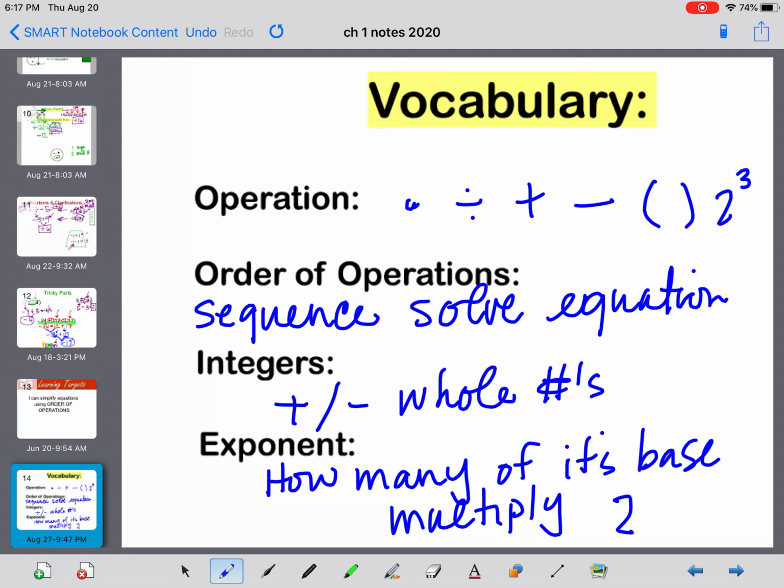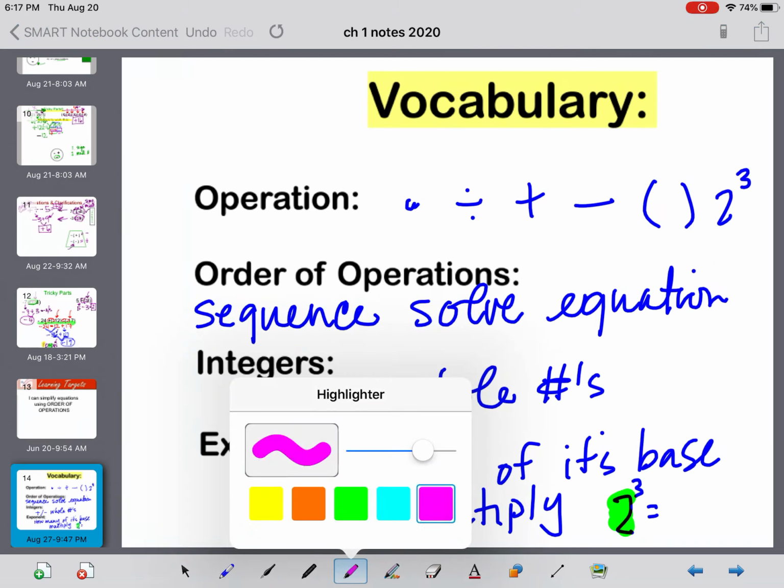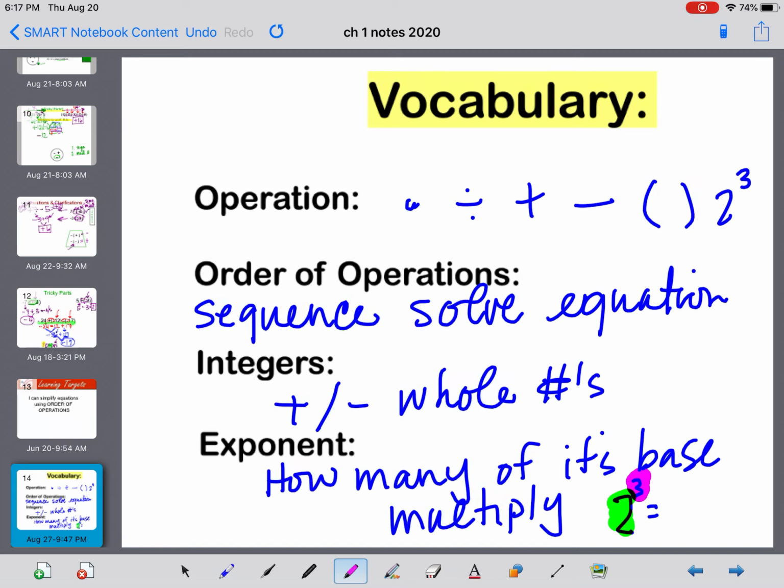Okay, so if I have 2 to the third power, the base of the exponent is the 2, and the exponent tells me how many 2's I'm multiplying. So this is the same as 2 times 2 times 2. I'm not multiplying these two together, right? This exponent up here is telling me how many 2's I have. I have 1, 2, 3 2's.